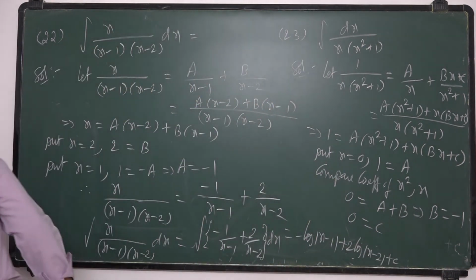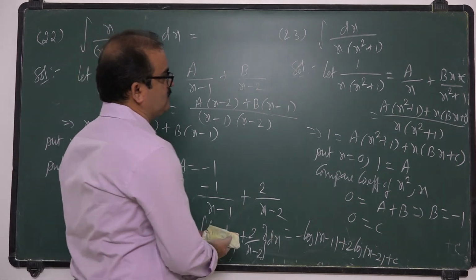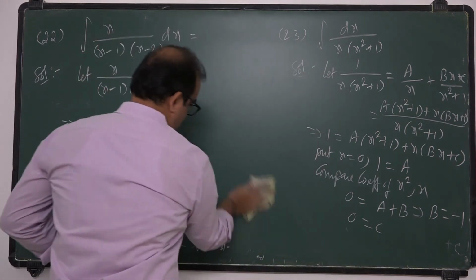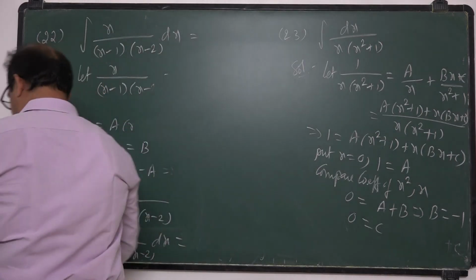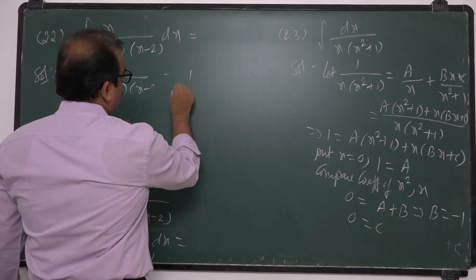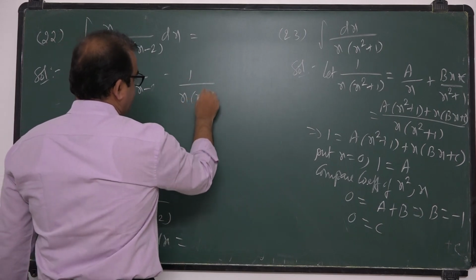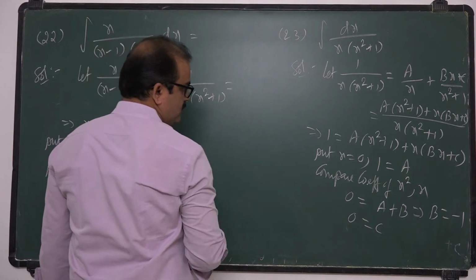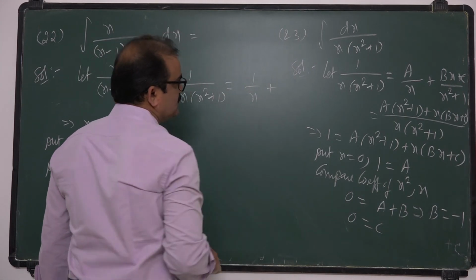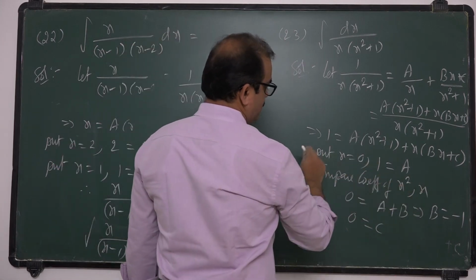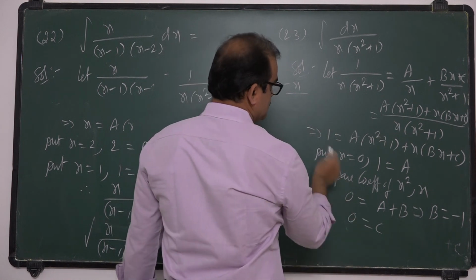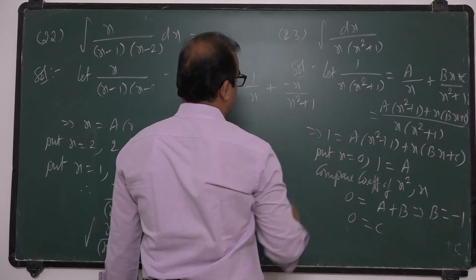Now substitute a, b, c values. 1 by x into x square plus 1 is equal to a by x, what is a? 1 by x, plus bx plus c, b value minus 1, minus x, c is 0, by x square plus 1.